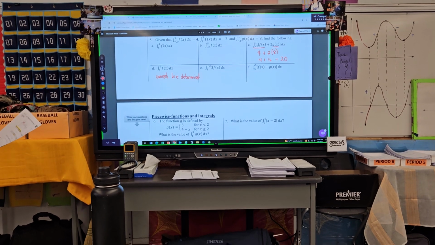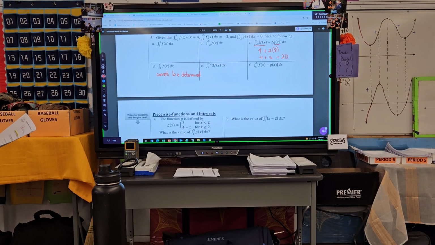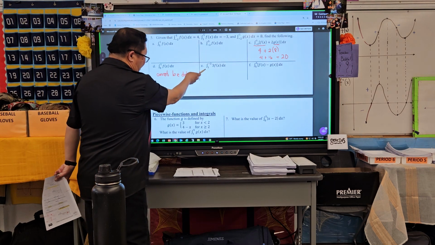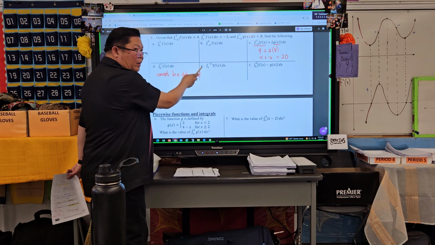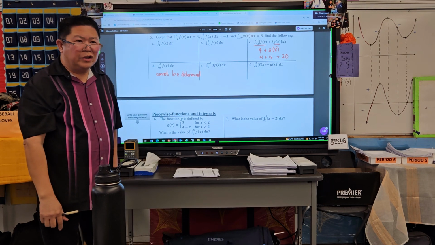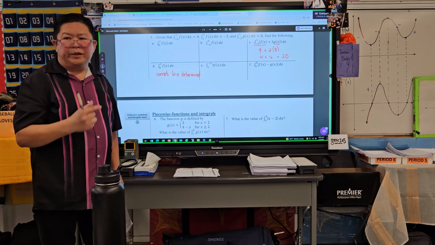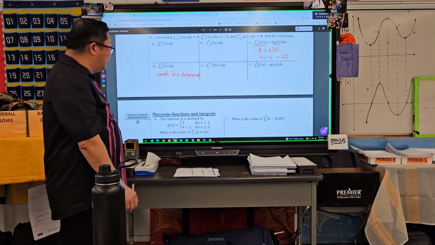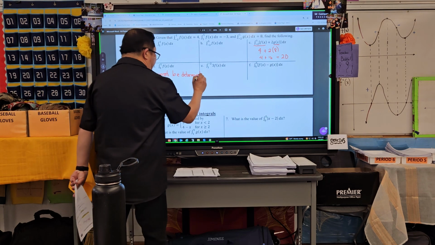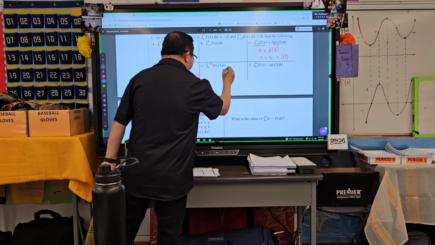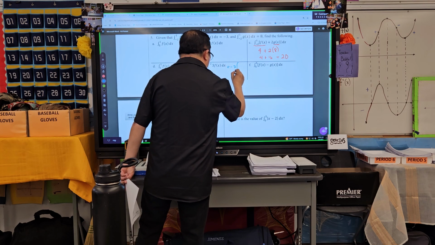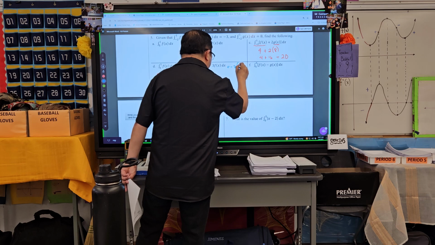I like that. Okay, moving on to letter E. Is 6 greater than negative 2? Yes or no? Yes. So what do we do? We do the inverse, or the negative, right? So how do we write it now? This is now equivalent to negative 3 times the integral from negative 2 to 1 of f of x dx.